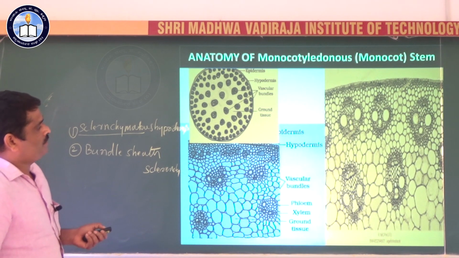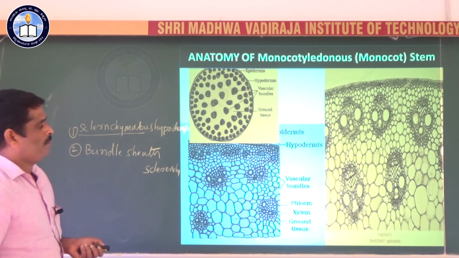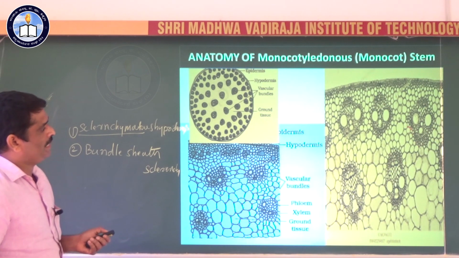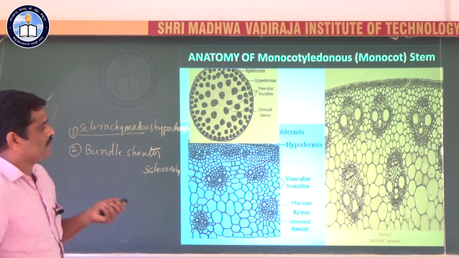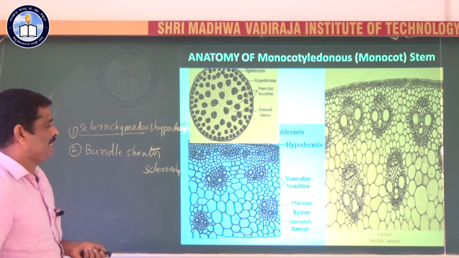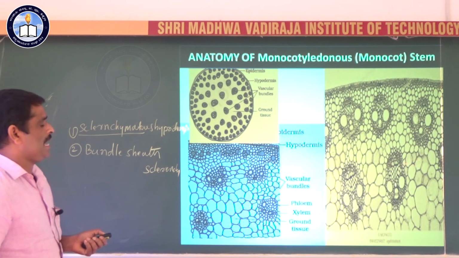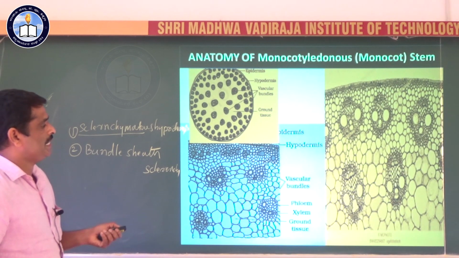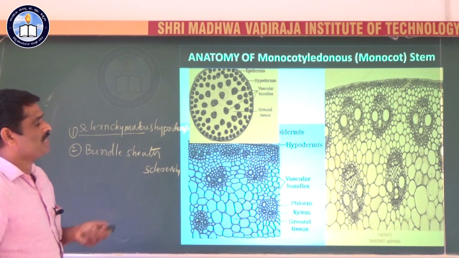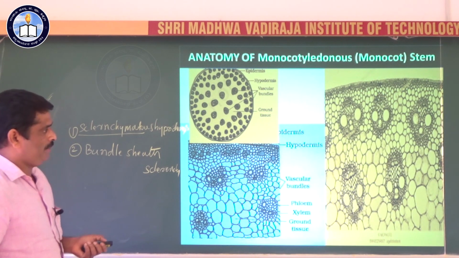And the vascular bundles are irregularly scattered. Another important point, the ground tissue, that is formed of parenchyma, a conspicuous ground tissue is present. The phloem is not associated with phloem parenchyma. Phloem parenchyma is absent. The vascular bundle is conjoint and closed because of the absence of cambium.